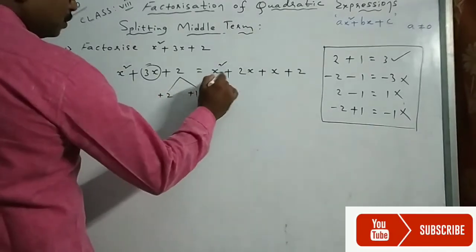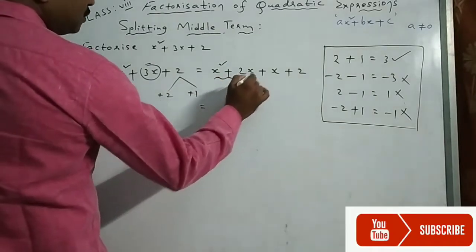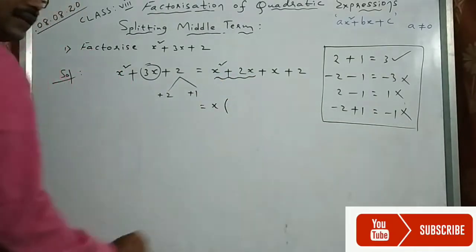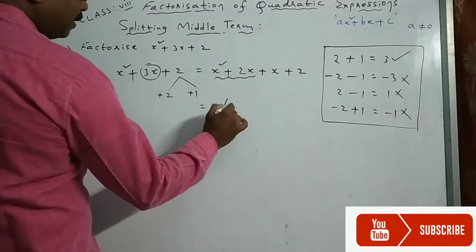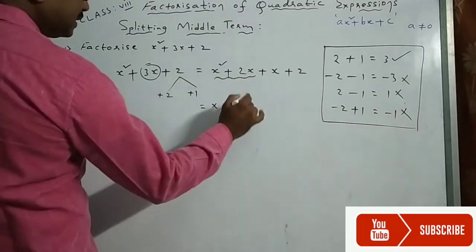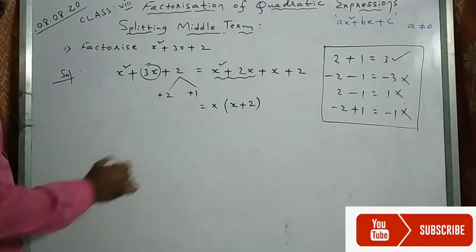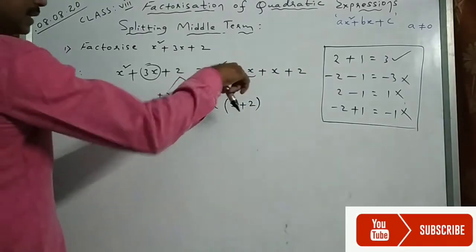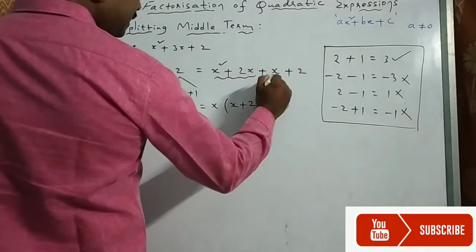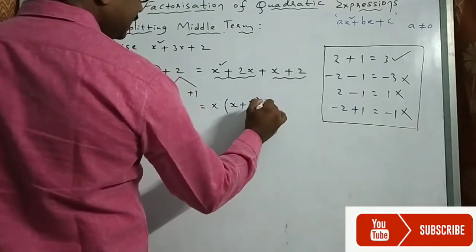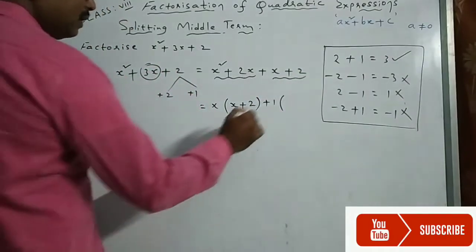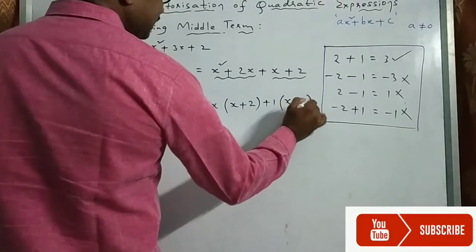So, in this, you can take x common. If you take x common, one more x will be there, plus 2 will be there. I am taking x common now. So, what is remaining there? 2. In this 2, what is common? There is nothing. So, I will take plus 1. So, I will take x plus 2 as it is.